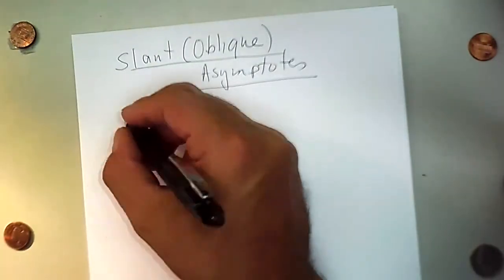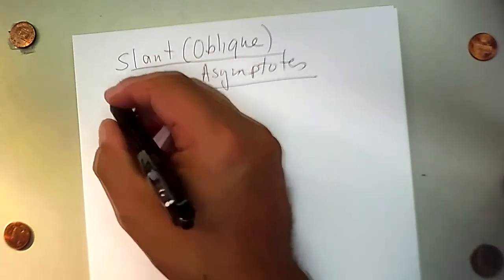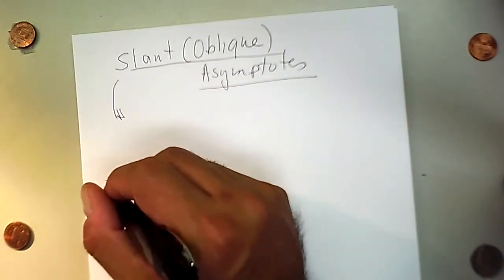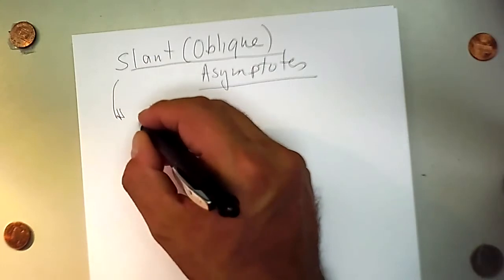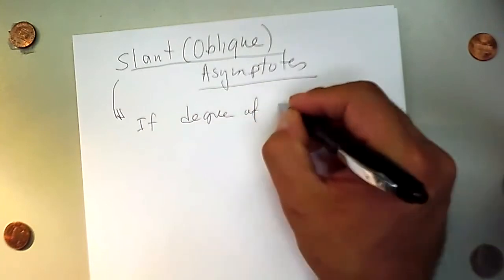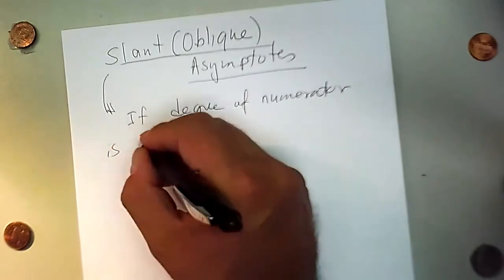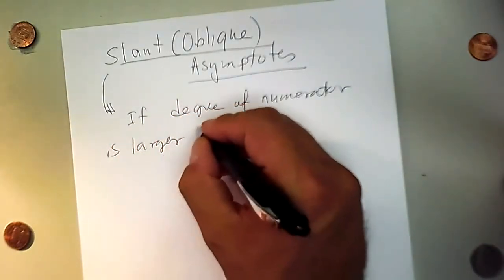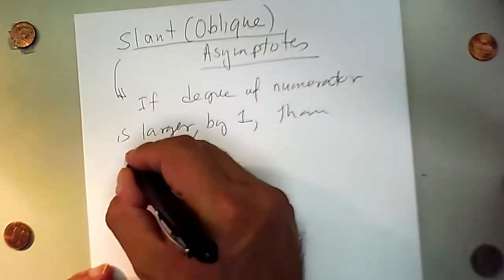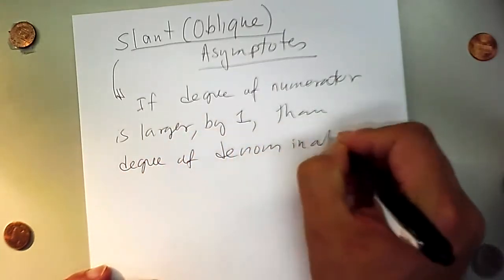So we have this scenario, slant or oblique asymptote, if the degree of the numerator is larger by 1 than the degree of the denominator.